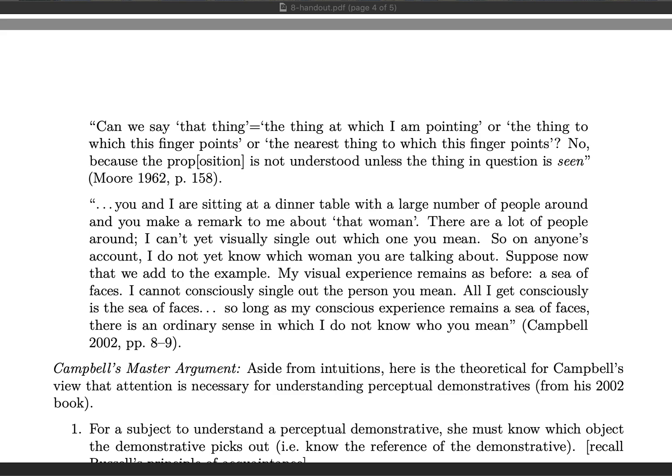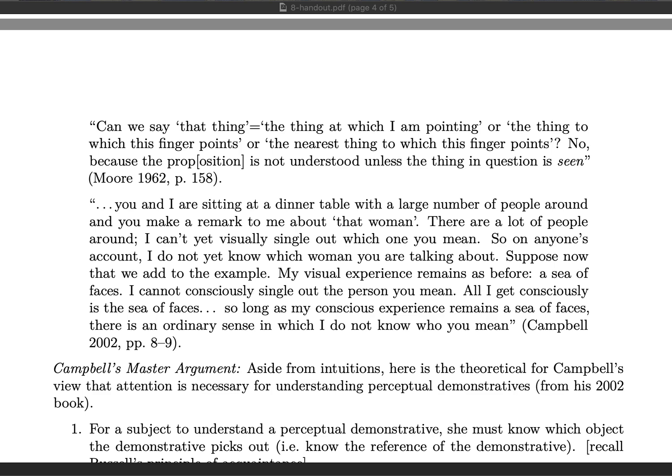Now, suppose that instead of following the person's pointing and looking at the thing, you form in your head the following description in trying to interpret the utterance: the thing at which the person is pointing, or the thing to which the person's finger points, something like that.